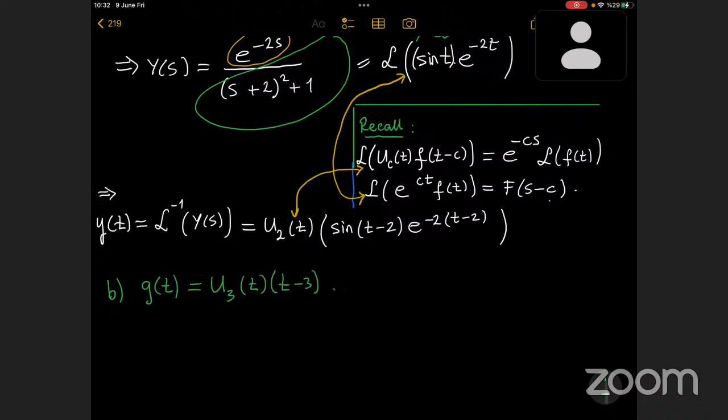U3 dediğimiz şey, UCT demiştik, C'den önce 0, C'den sonra 1'e eşit olan fonksiyon.